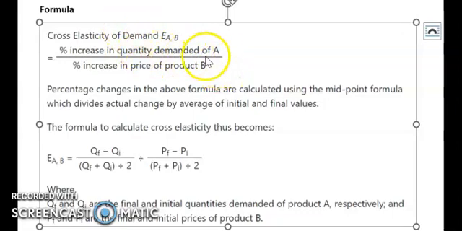The formula for percentage change remains the same: Q2 minus Q1 divided by Q2 plus Q1, whole thing divided by 2, and P2 minus P1 divided by P2 plus P1, divided by 2.